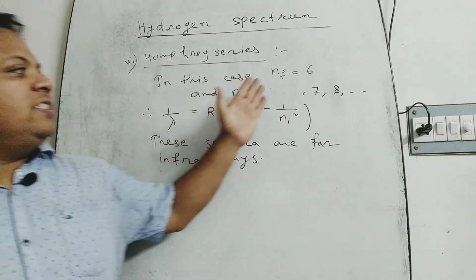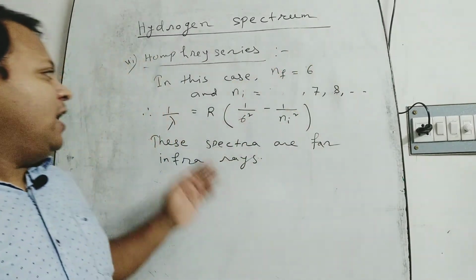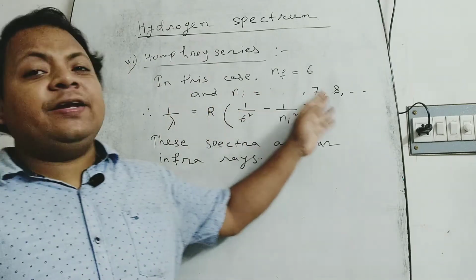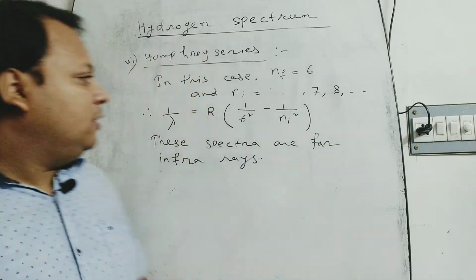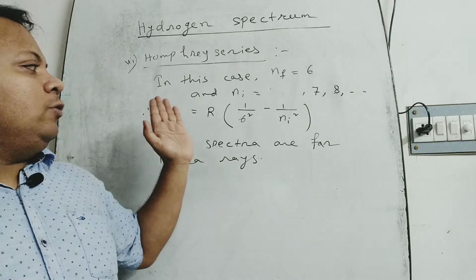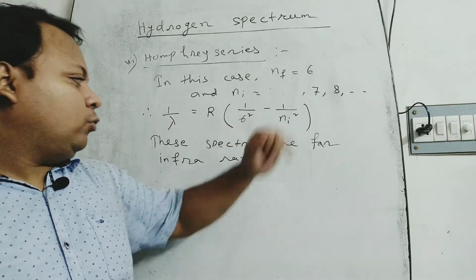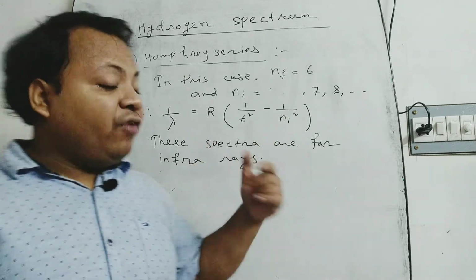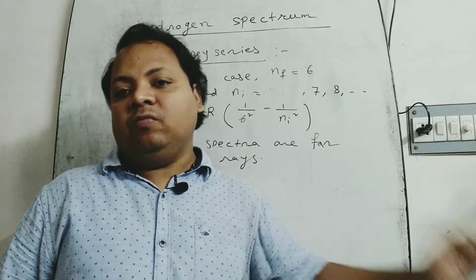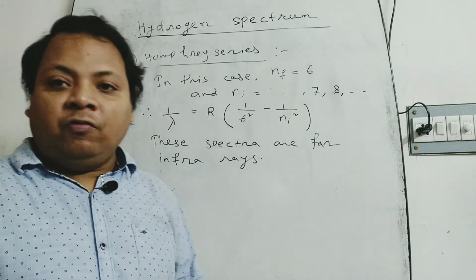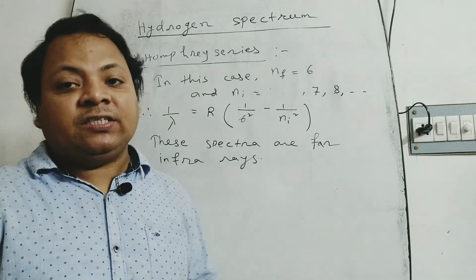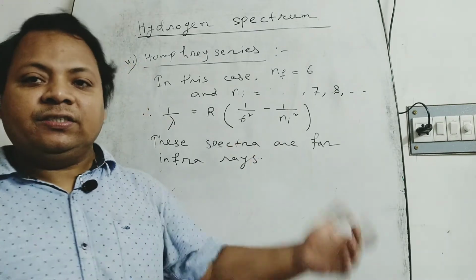In this case, Nf is equal to 6 and Ni is equal to 7, 8, etc. That is, 1 by lambda is equal to capital R into 1 by 6 square minus 1 by Ni square. These spectra are far infrared. Actually, Pfund spectra are also far infrared.